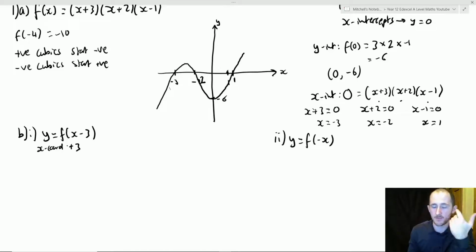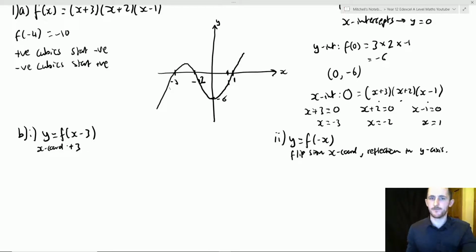So the opposite of timesing is dividing, so you're dividing by minus 1, which is the same as timesing by minus 1. So all you're going to do is flip the sign of the x coordinates. And just so you're aware, this is a reflection in the y-axis. Okay, so not too shabby, I think.